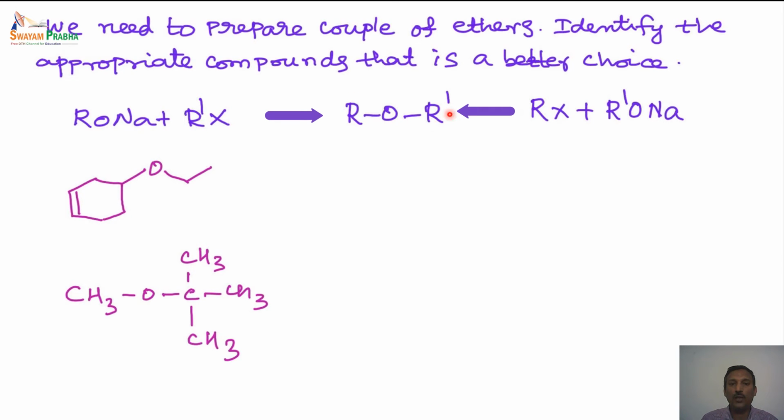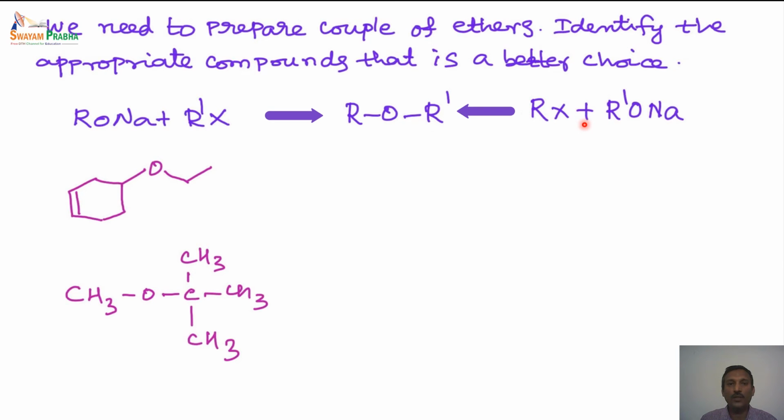So in one set of reactions, RX, the alkyl halide, is there, and the sodium salt of the corresponding alcohol R prime is there. In the other case, R prime halide is there and the sodium salt of the alcohol R is there. So we have two different sets of alkyl halides and alcohols.